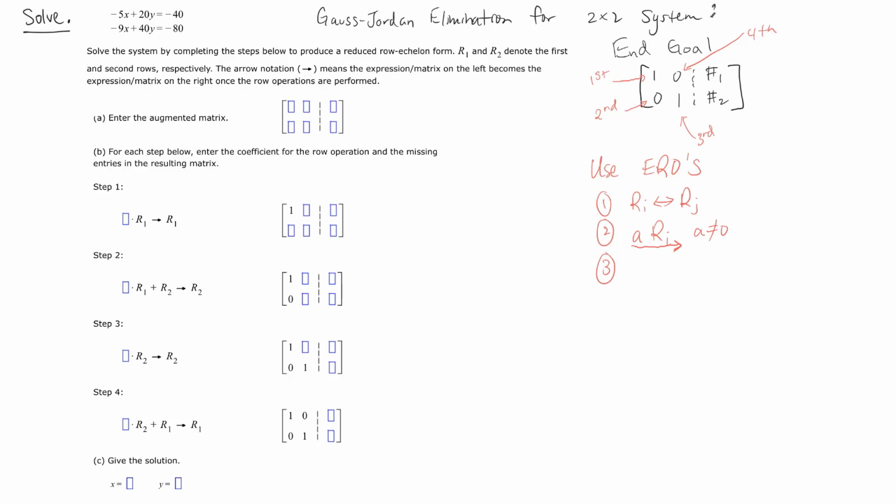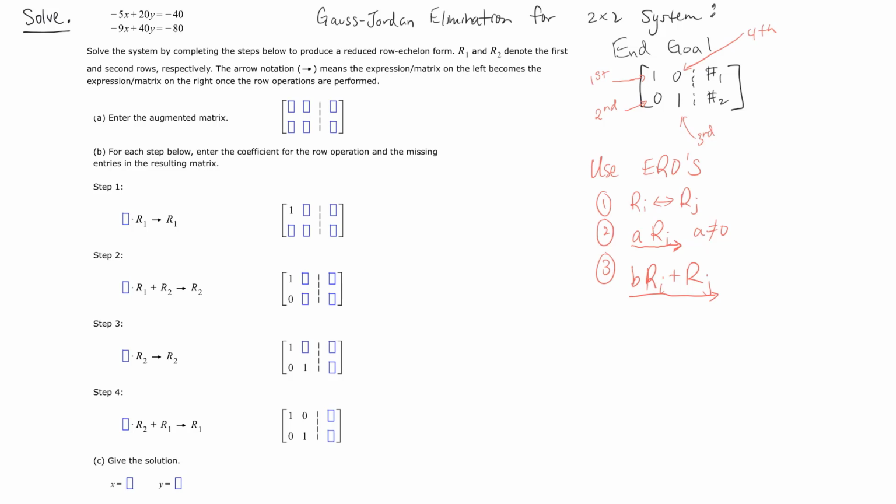You could also scalar multiply a single row and then add it to another row and then store it in that new row r sub j. So those are our 3 elementary row operations.